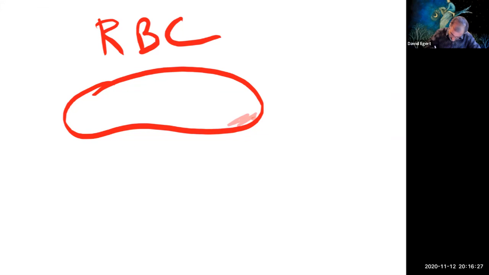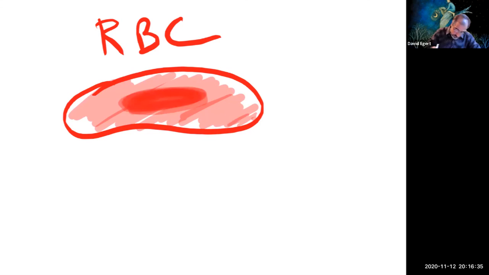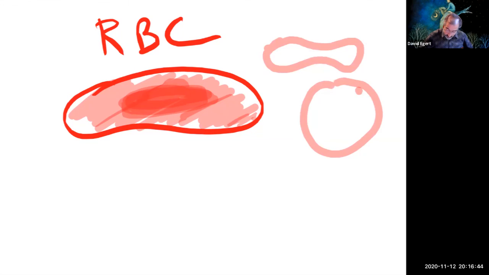You've already looked at them in pictures in class. They tend to look like what we call a biconcave disc. From the side, they look kind of like this. From the top, they look like this. And that's because they eject their nucleus.